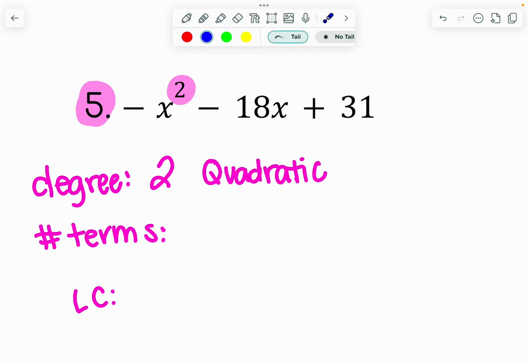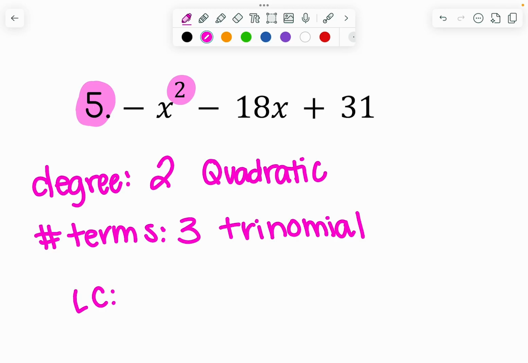My number of terms, there is 1, 2, 3 things separated by pluses and minuses, which makes this a trinomial. And the number in front of my leading degree is a -1.